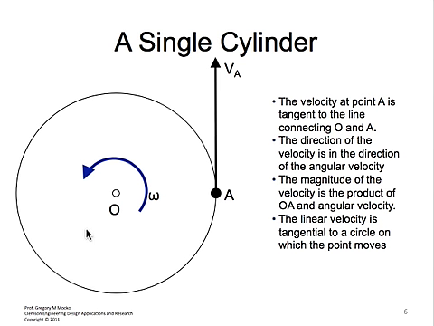We know that omega is at some magnitude, so we can determine the linear velocity of this point A, and we can understand the direction as well as the magnitude. This velocity is a vector. So that's for a single cylinder.